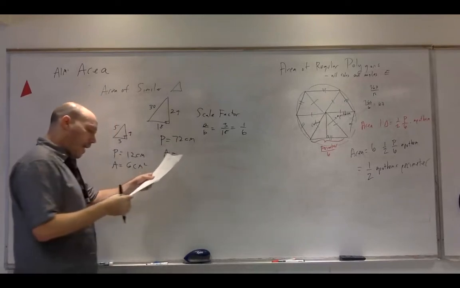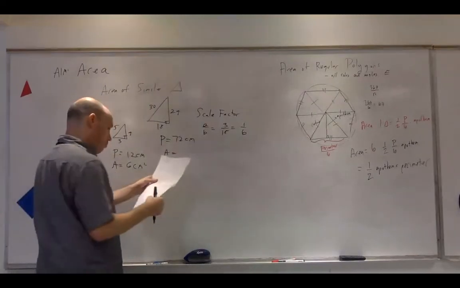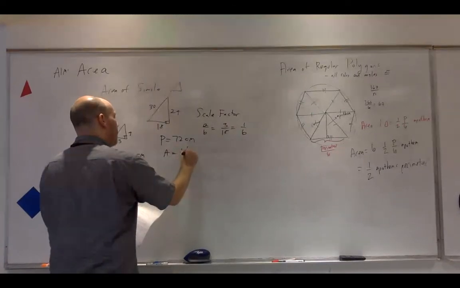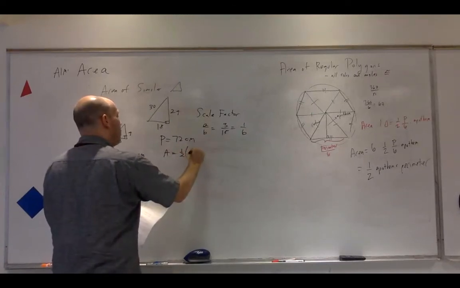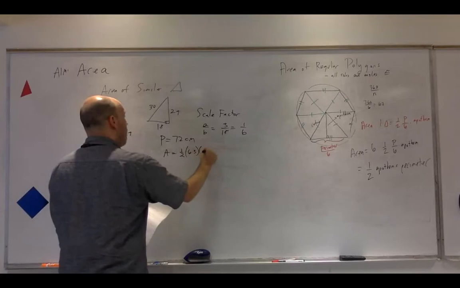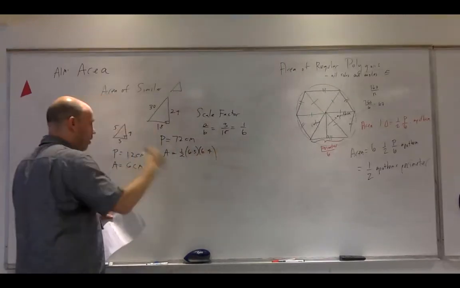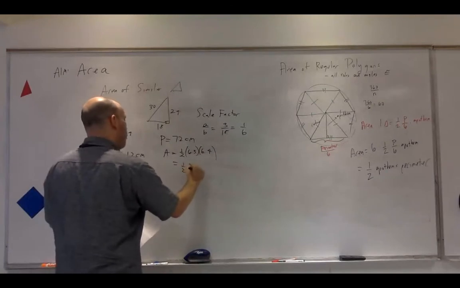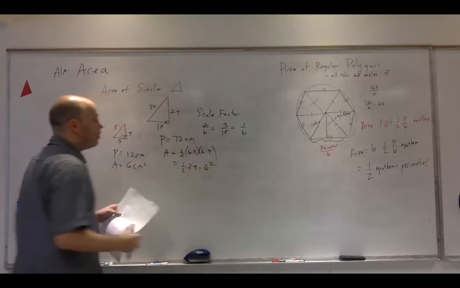And the area here is 1/2 times 6 times 3 times 6 times 4. So this becomes 1/2 times 3 times 4 times 6 squared.